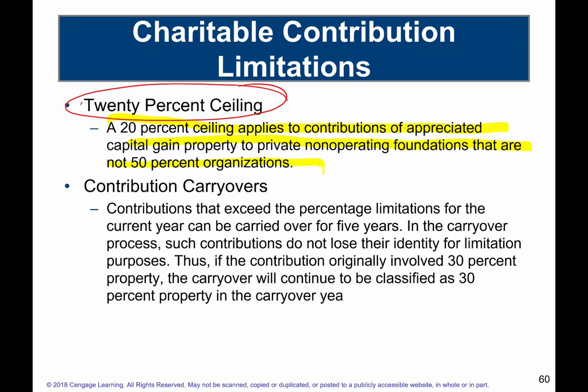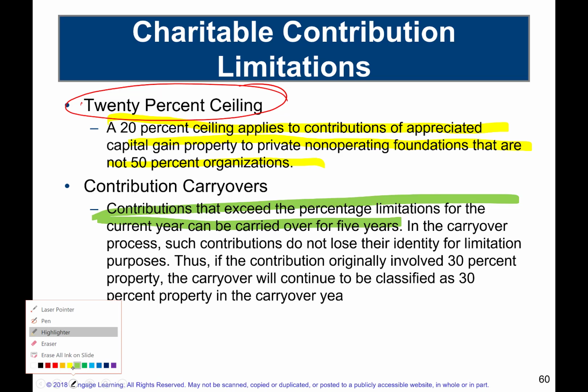Okay? Now, once we have used up the amount of contribution that we could take, either because we've hit the 30% ceiling or because we have hit the 50% ceiling, whatever stops us from taking the full amount that we could have taken, we can carry those over for the next 5 years. Okay, and as they carry over, they carry over as whatever category they were.